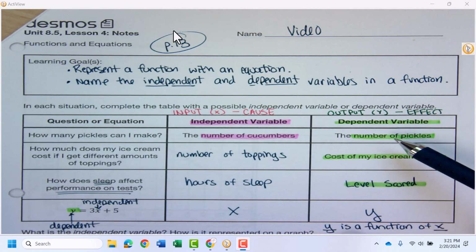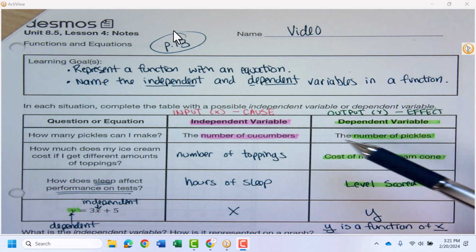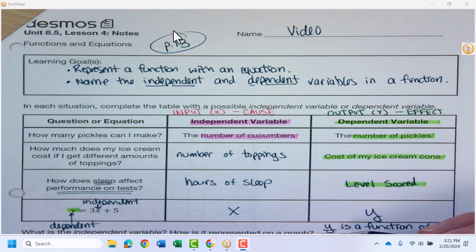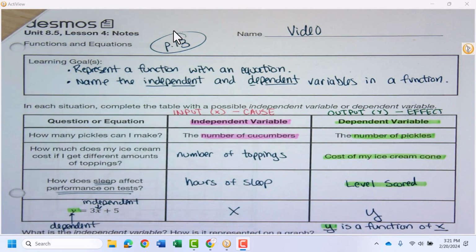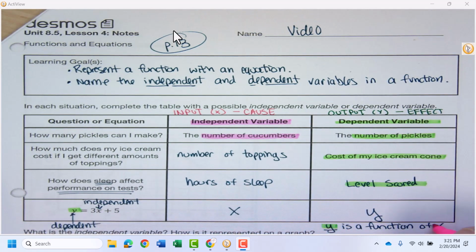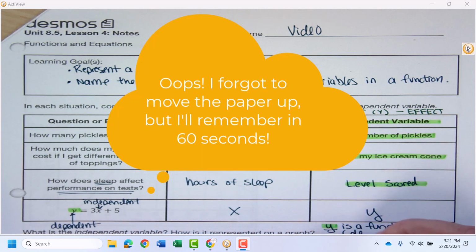Or I can say the number of pickles that I get is a function of the number of cucumbers I have. So the dependent variable is a function of the independent variable. Or it depends on the independent variable. And I said in the last set of notes, is a function of is just another way of saying depends on. All right.